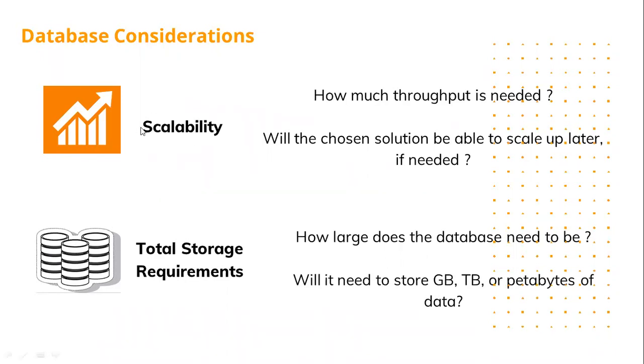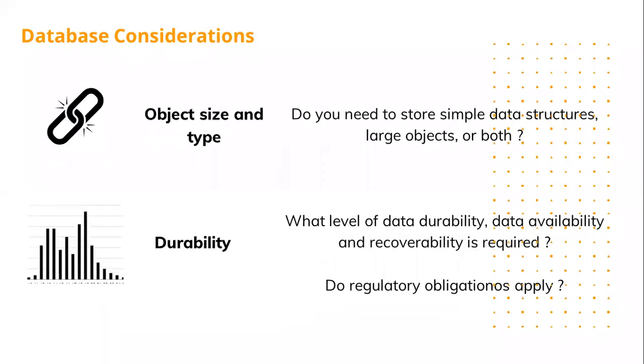So you need to take care of the scalability. And how big your database should be. Will it need to store GB, TB or petabytes of data? You should be taking care of the storage requirements. And also, do you want to store simple data structures or large objects or both? And also durability. What level of data durability do you want, availability and recoverability.